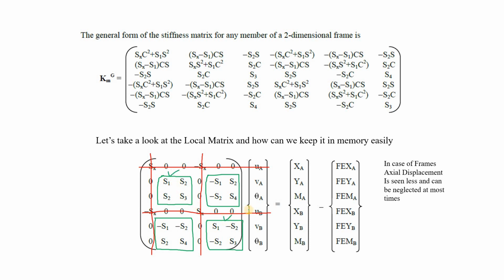Just don't look at the signs, the negative or positive signs. We're just going to focus on the components. So we have S1, S2, S2, S3. Similarly here we have S1, S2, S2, S3. So they're matching diagonally. And again, here S1, S2, S2, S4, and these are going to match diagonally as well. So that is how you can easily memorize it.